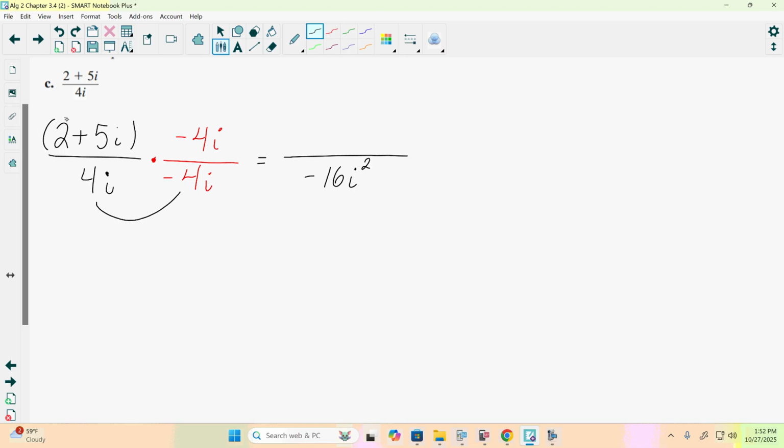On top, we'll have to multiply through. So we'll have 2 times negative 4i, which would be negative 8i. 5i times negative 4i is going to be negative 20i squared.